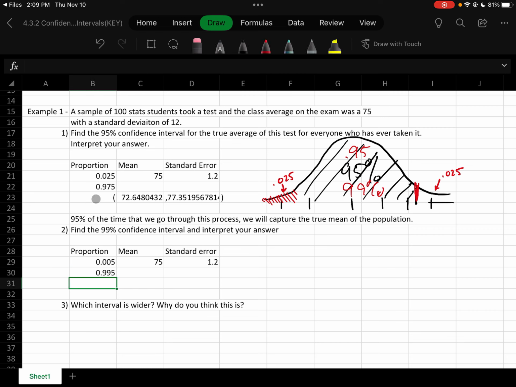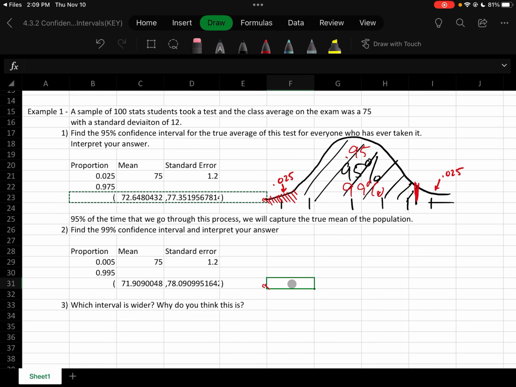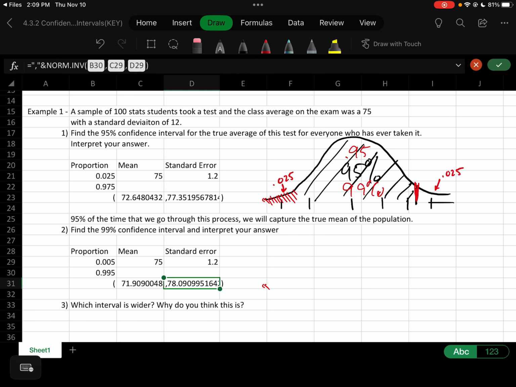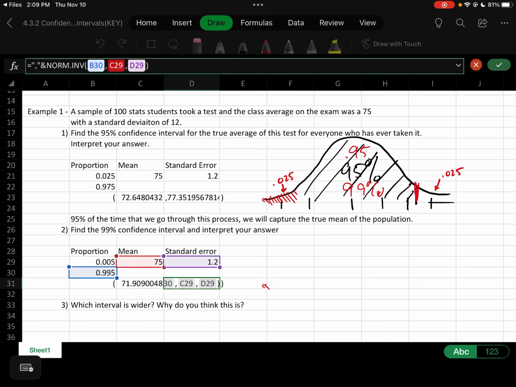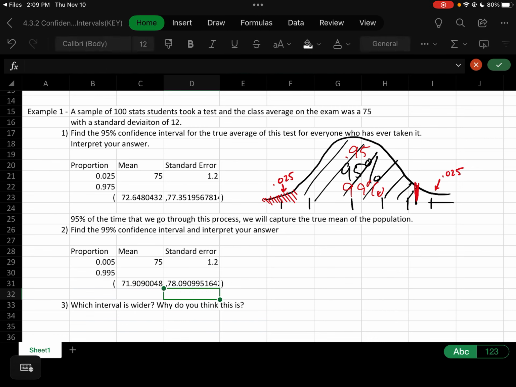Because of the way that I've formatted this, I can just take these cells, copy them and paste them down below, and I should get my new confidence interval already calculated. See, these values are a little bit different because they're drawing from these cells down at the bottom instead of the cells up top. So I just copied them over and can use them. What do we notice about this interval?